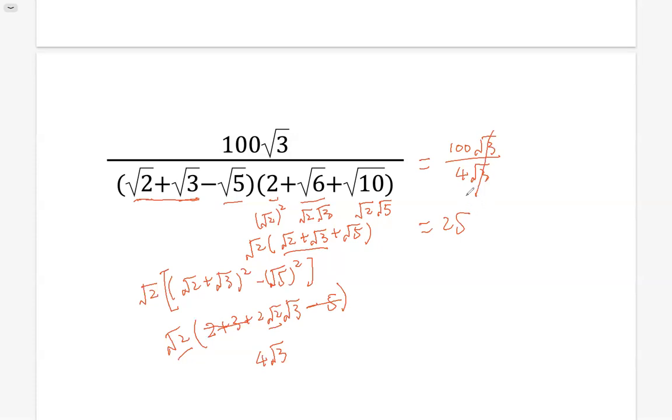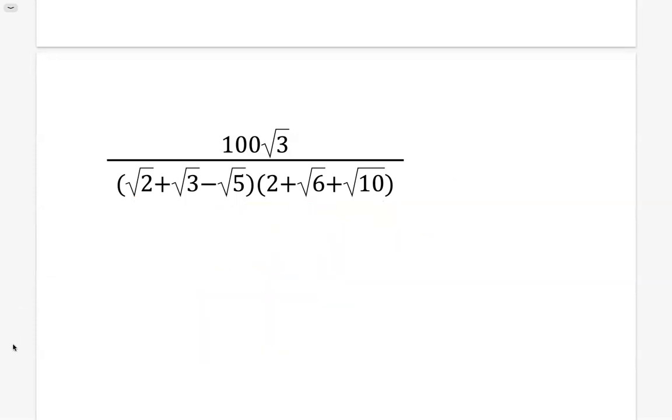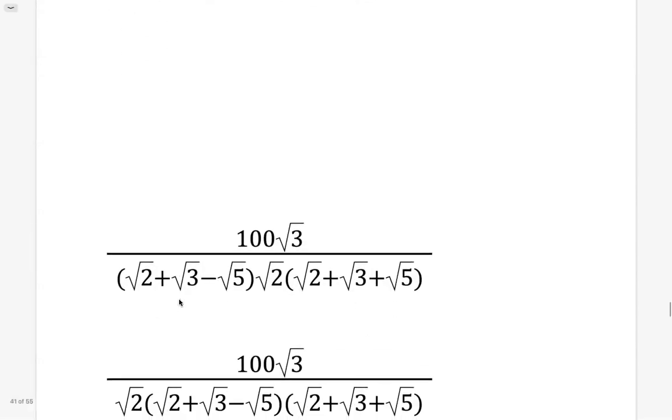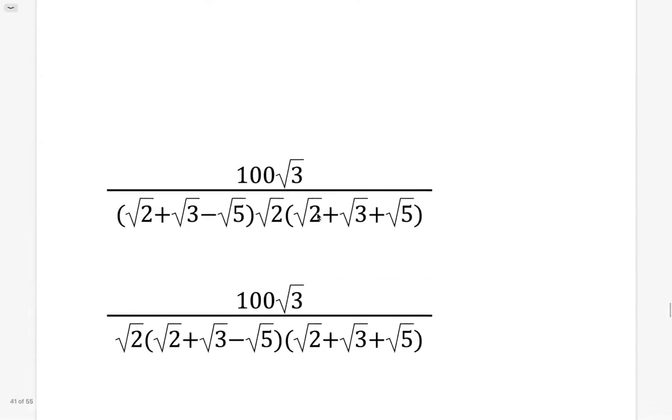All right, let me go over it once more. For the second factors in the denominator, we factor out radical 2. Then 2 becomes radical 2 inside. Radical 6, because radical 2 is already factored out, left with radical 3.